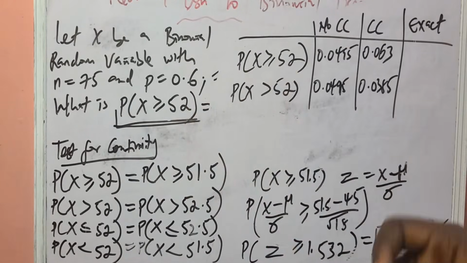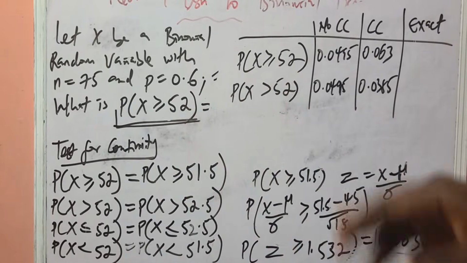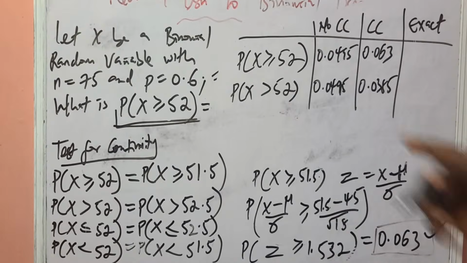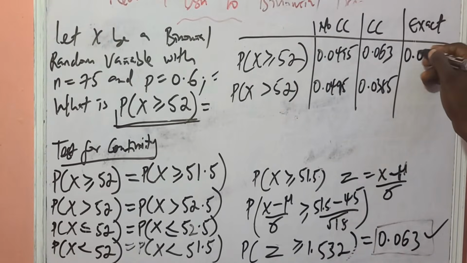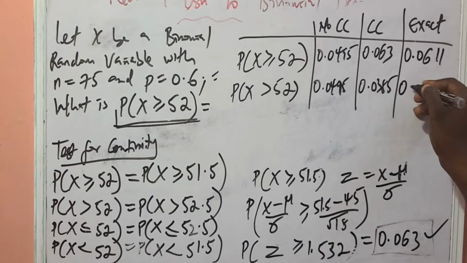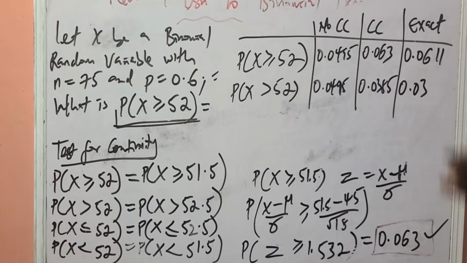Now, what's the exact value if you're able to solve this using a binomial, either by hand or using a computer program? I told you guys already that this was going to be 0.0611, whereas this will be 0.0367. So can you see the importance of correction for continuity?